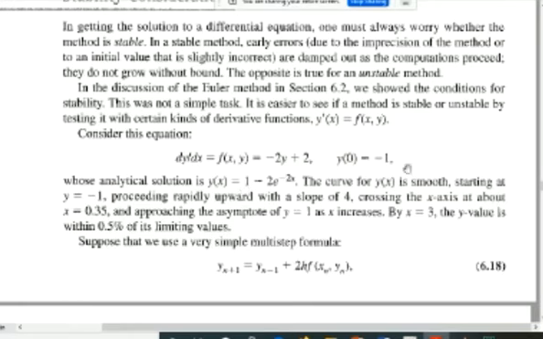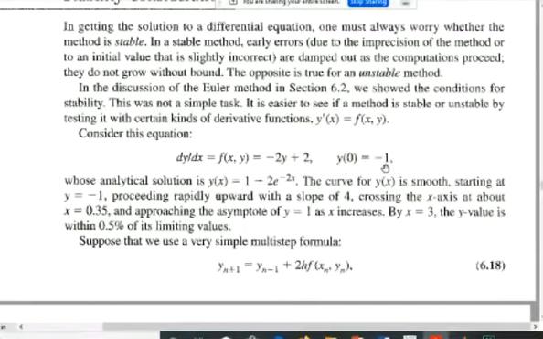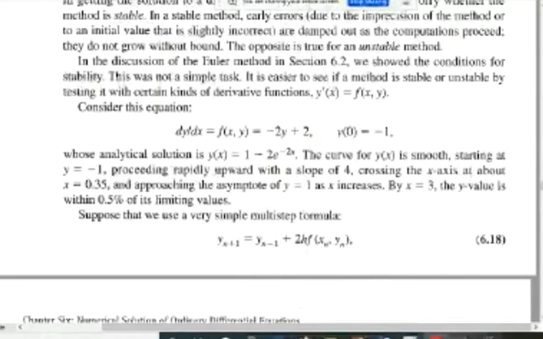By starting at the initial point, for example, y0 equals minus 1, and continuing with the analytical or exact solution, we can see that it's an increasing function, and we want to experience that with this simple multi-step formula in MATLAB. Let me show that in MATLAB.